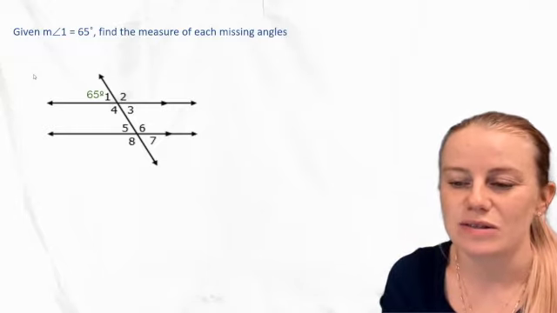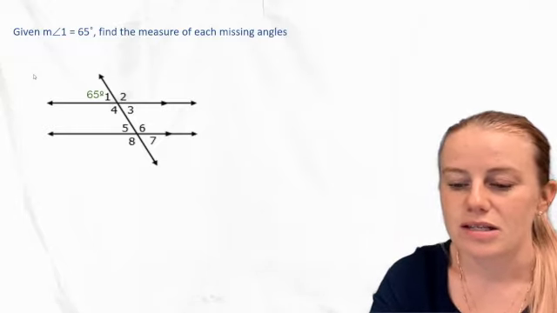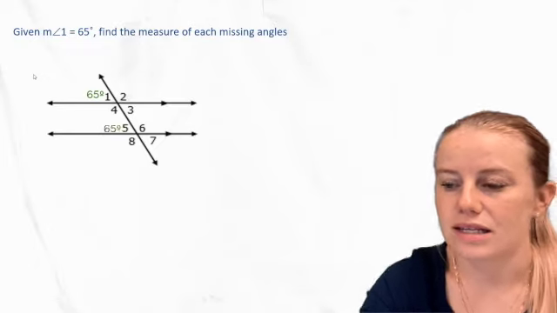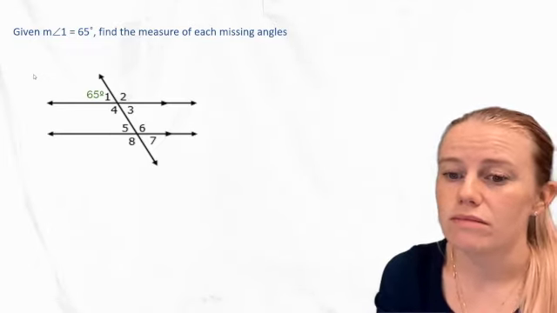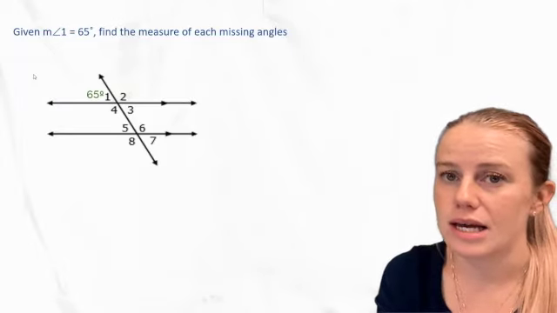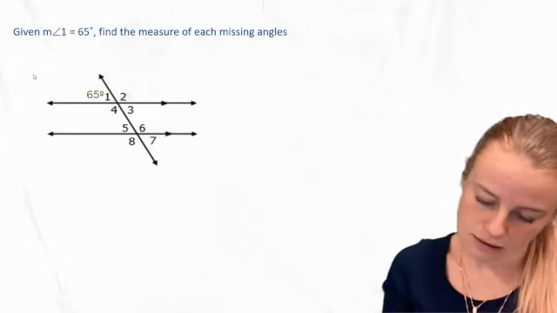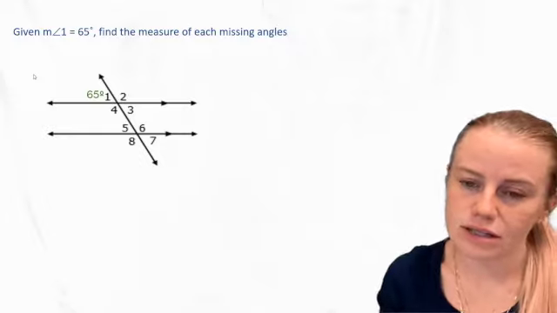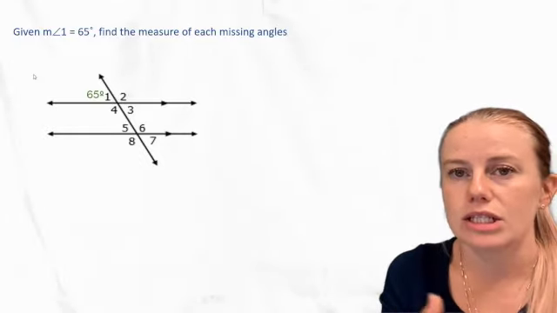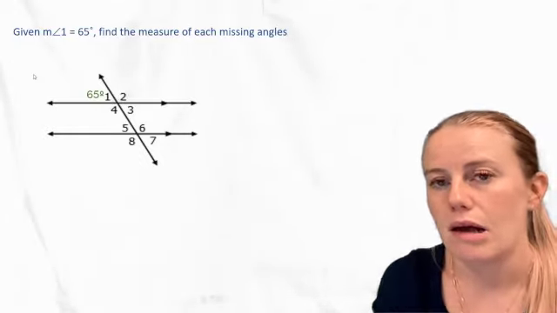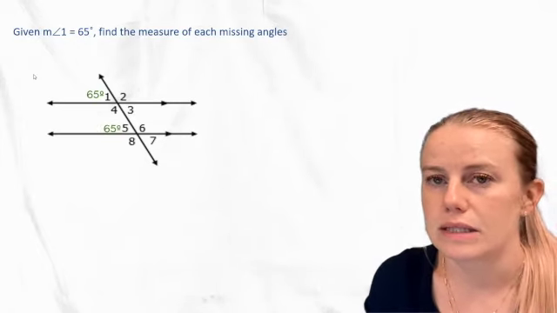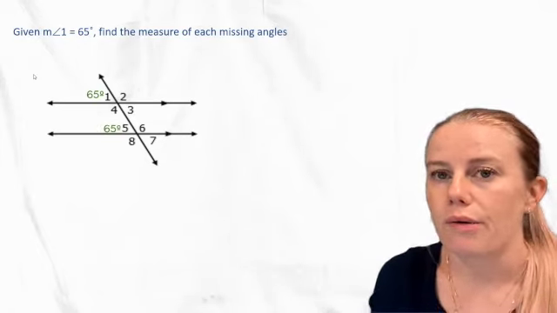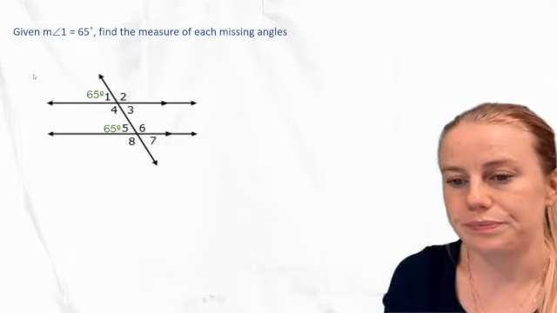So let's look at an angle that is corresponding with angle 1. Remember, same side of the transversal in the same position on the lines. That would be angle 5, which would be also 65, because remember, our corresponding angles are always congruent.